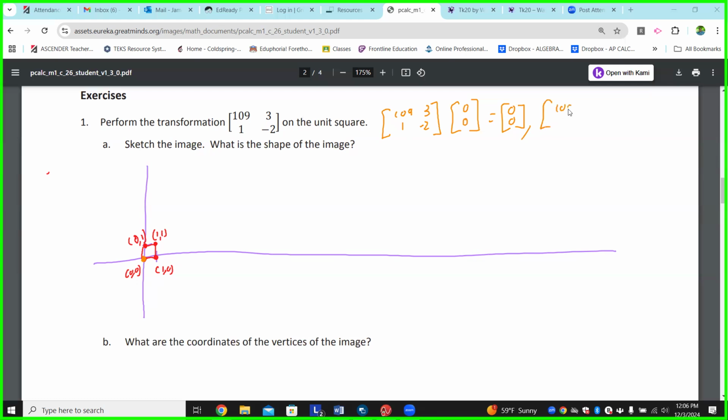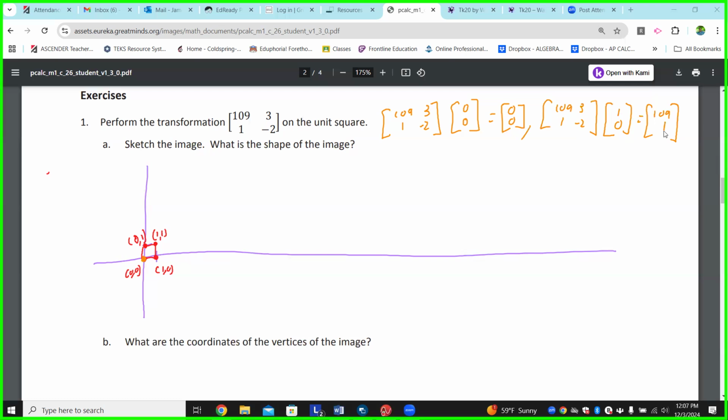109, 3, 1, negative 2 times 1, 0. So this is 109 times 1, and then 3 times 0. So this just ends up being 109. I know the numbers look big, but the math's still easy. And then I do the same thing here. When I multiply this row by this column, what will my answer be?